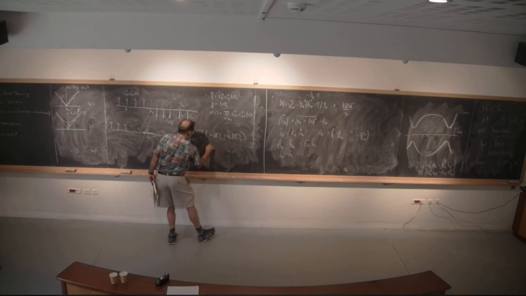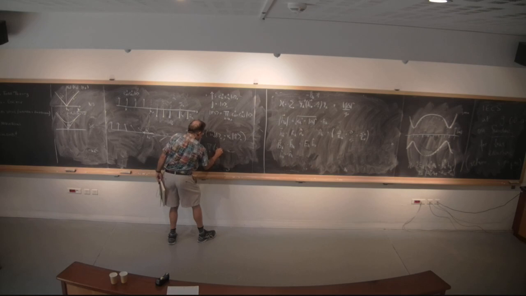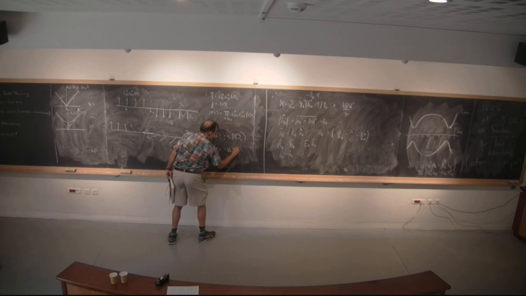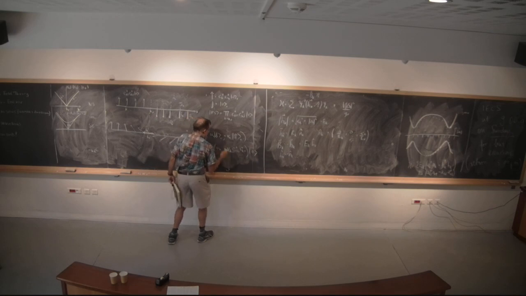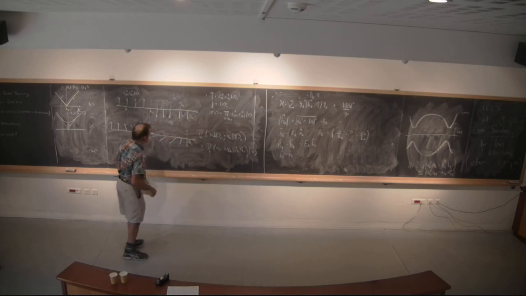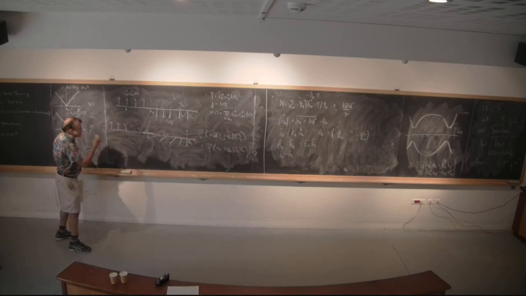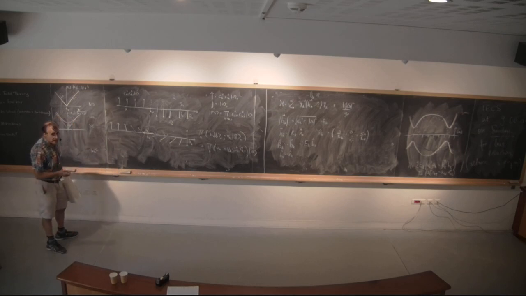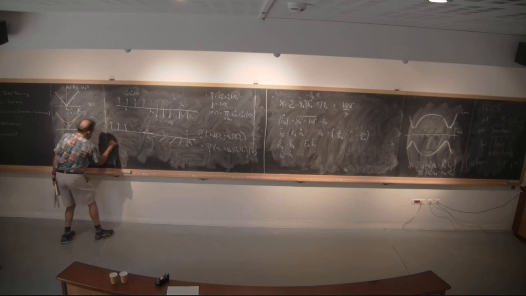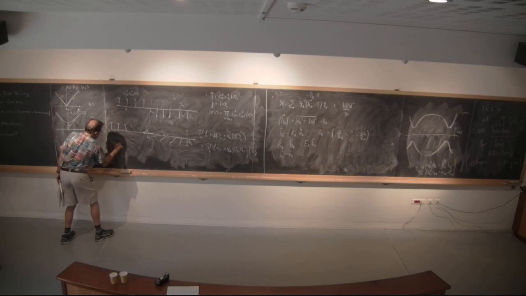But that's nothing more than a product over k of u_k times the empty state plus v_k times the occupied state. So this is a pictorial way of understanding the BCS ground state. It is a domain wall in particle-hole space.